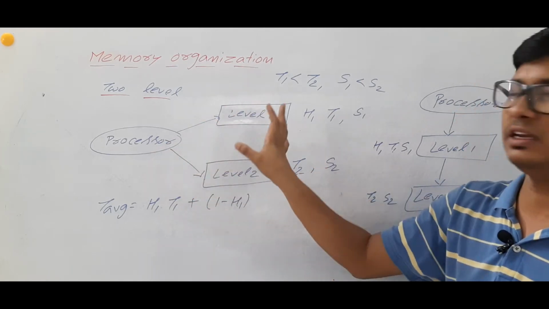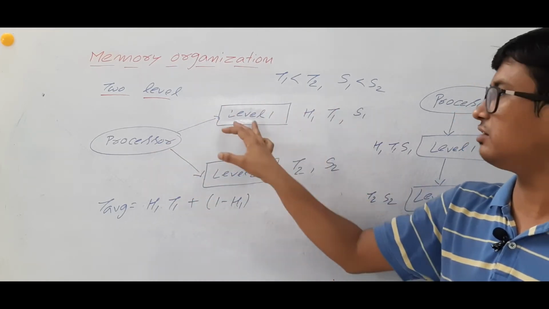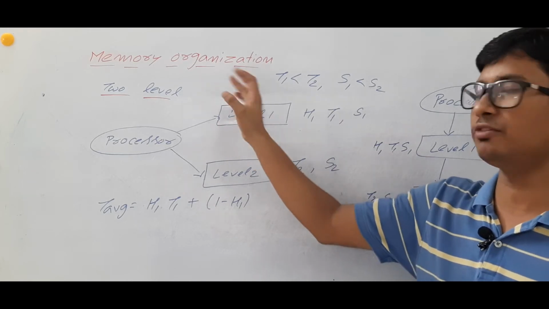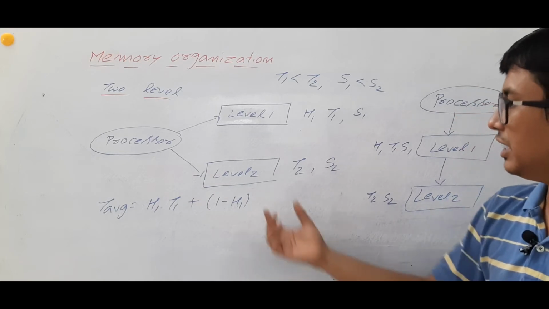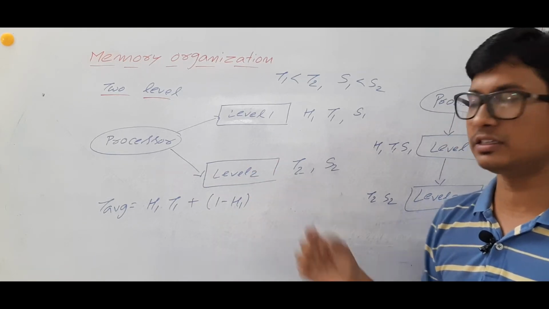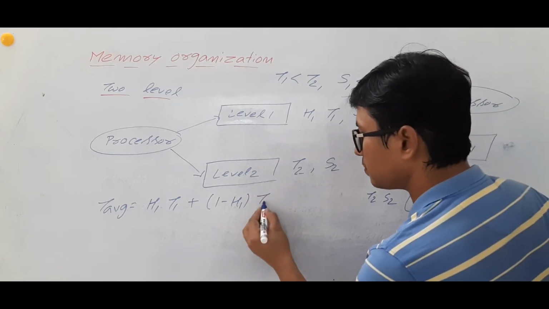So when it is searching parallelly, even the time for accessing will be less in level 1, so it will obviously directly get from level 1, then it will stop searching in level 2. If it is not available only, then you will get this time, H1 into T2.